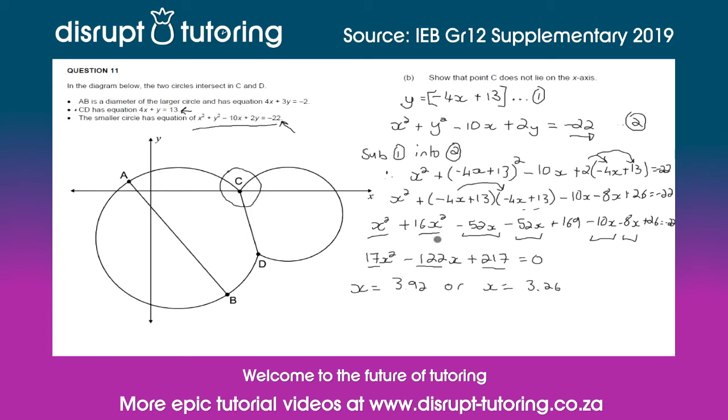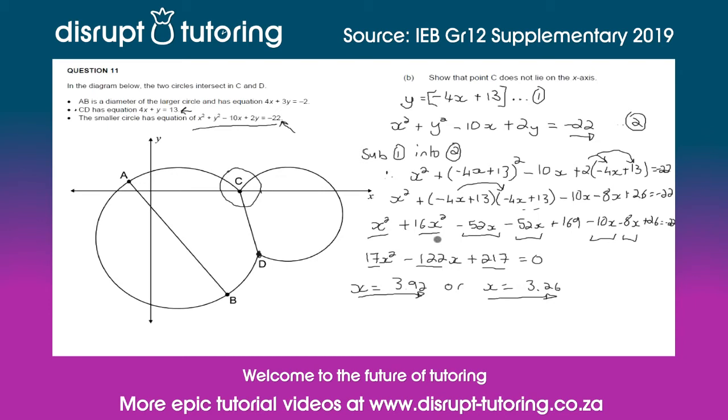This is expected because there are 2 points. Point D could also be, but now because point D is further along, we know that point D must have the higher x value. Therefore, this is the correct one for C, because remember we're solving for C. So we know that x for C equals 3.26.